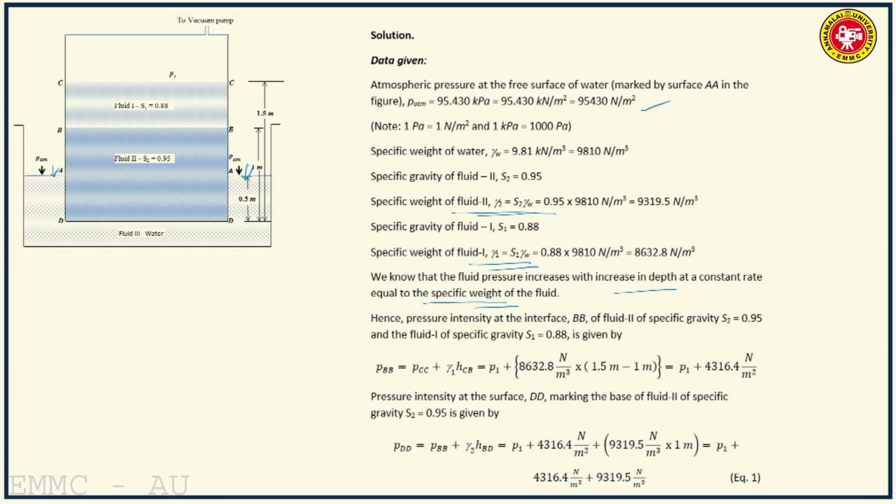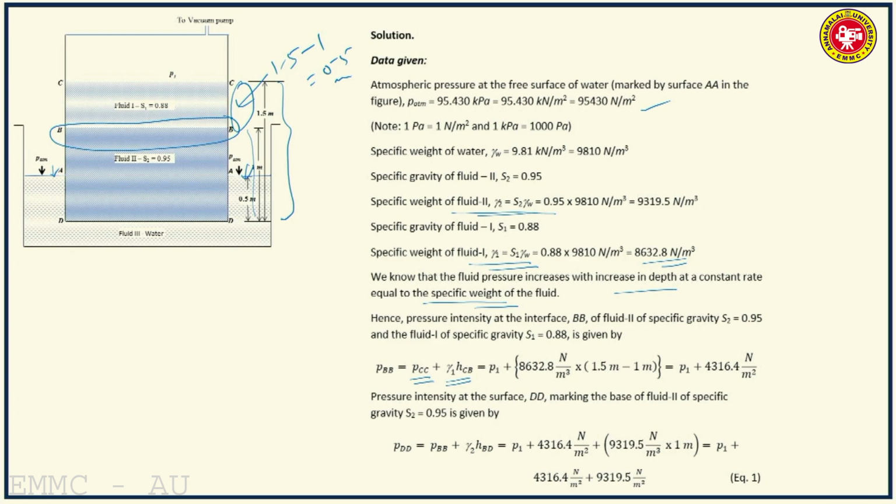So pressure intensity at the interface BB of fluid 2, this one, the interface of fluid 2 and the fluid 1 is given by PB is equal to PCC plus gamma 1 HCB. So gamma 1 is the specific weight of fluid 1, that is 8632.8 Newton per meter cube, multiplied by, now the total height is say 1.5 and this height is 1, so this is 1.5 minus 1, that is 0.5 meter.